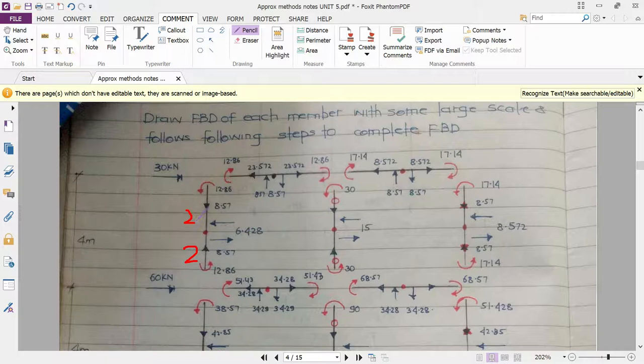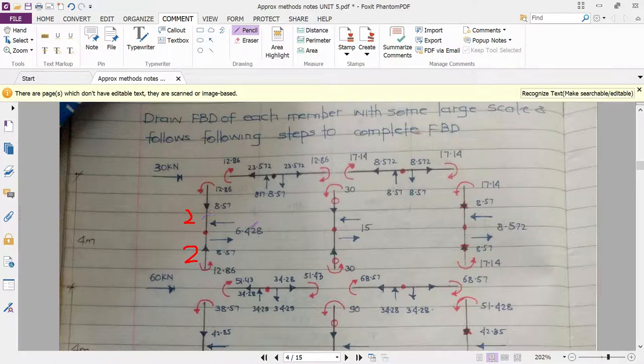But why are we multiplying this horizontal force into 2, why not 4 meter? Because we are assuming these shear forces are acting on the upward and downward side of the point of contraflexure, and the point of contraflexure is located at the center. Therefore we have to consider the dimension of the column as a half.